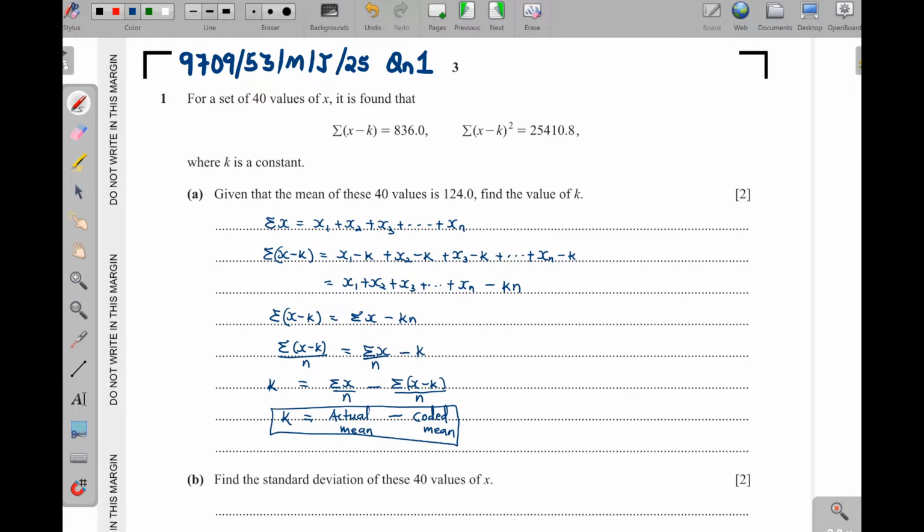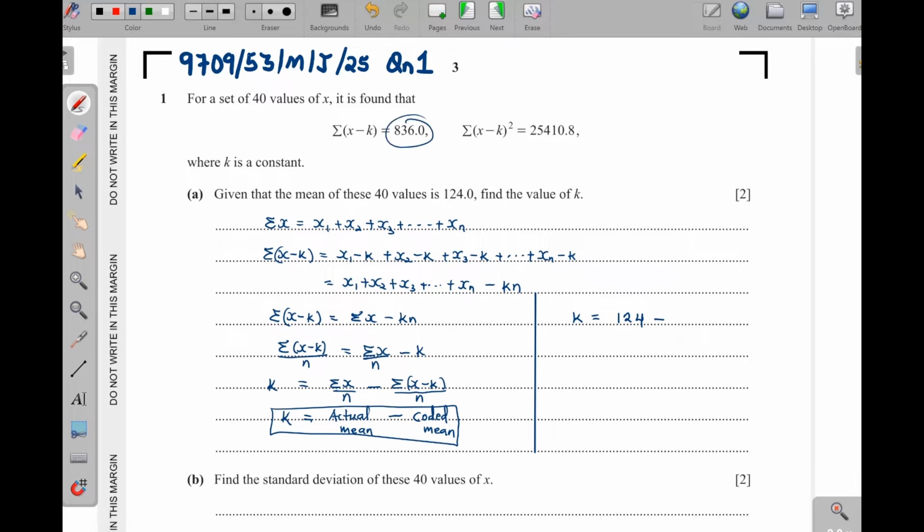Now, what do we need to find? They told us to find the value of k. So k is going to be equal to the actual mean, which was given as 124, then minus the coded mean.